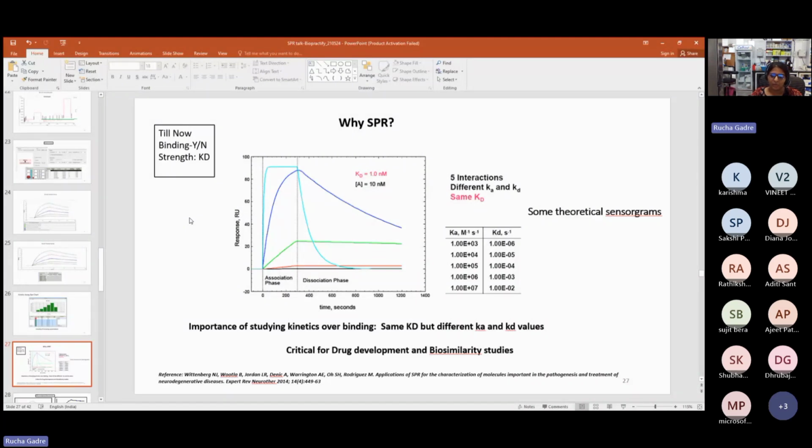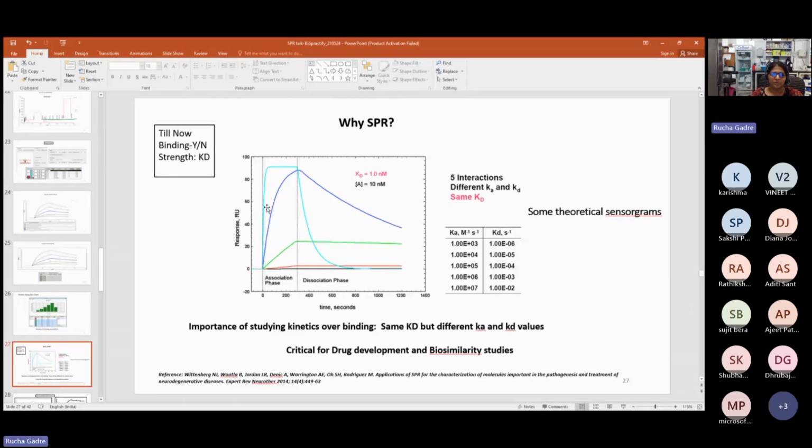tell you KD, it will also give you information about the K on and K off. So KD is the equilibrium dissociation constant, and Ka and Kd in small letters are the rate of association constant and rate of dissociation constant. This information is very important. For example, in this theoretical sensorgram, you can see that all of them give the same KD.